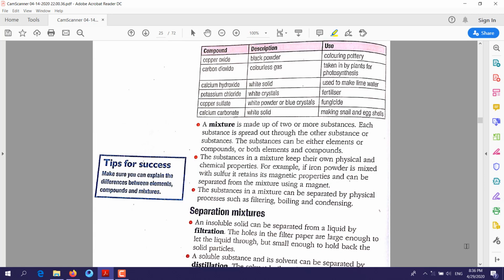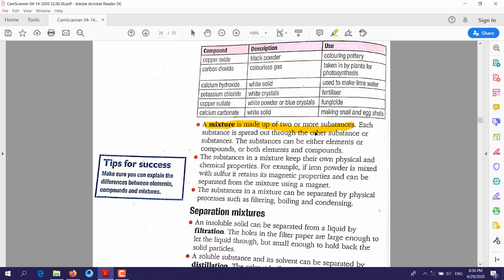A mixture. What do we mean by a mixture? A mixture is also made up of 2 or more substances. Here it is just mixing 2 or more substances; we didn't mention that they join chemically. So if you have a question that asks you to compare compound and mixture, you will say both are made up of 2 or more substances.